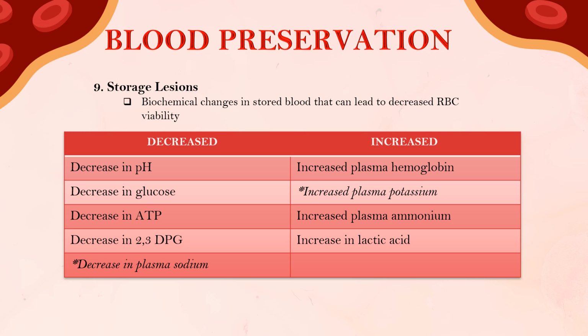We have actually explained the mechanism during the oxyhemoglobin dissociation curve from the first lecture discussion. And on the other hand, class, basing from these biochemical changes and reactions along with their mechanisms, we can easily deduce that in storage lesions, there is an increased plasma hemoglobin, increase in plasma potassium, and of course, elevation of your plasma ammonium. And lastly, increased levels of lactic acid.